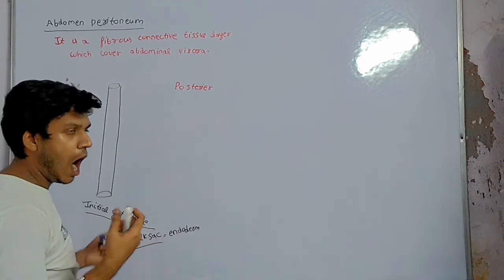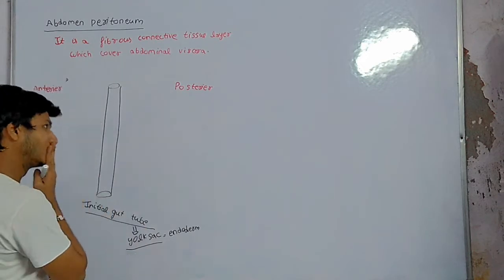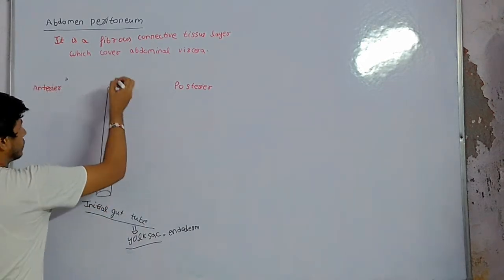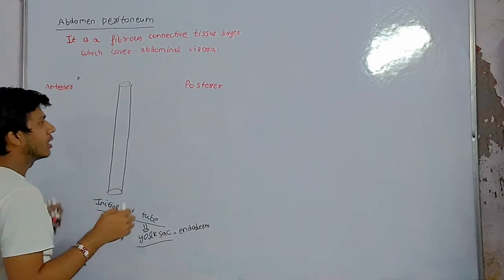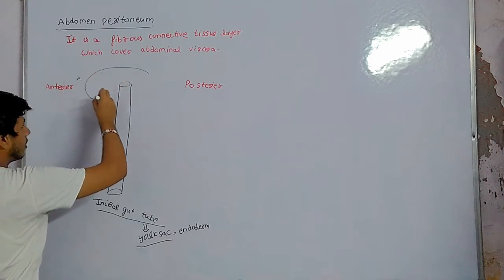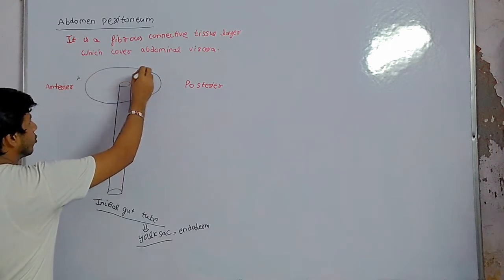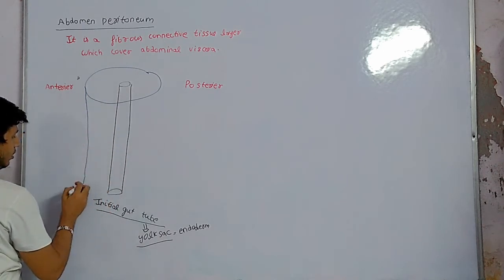So first, how does it form around a gut tube? First step, it has two layers and covers the abdominal viscera. But how does it cover? Let's say this is the layer of abdominal peritoneum, like a cylinder.